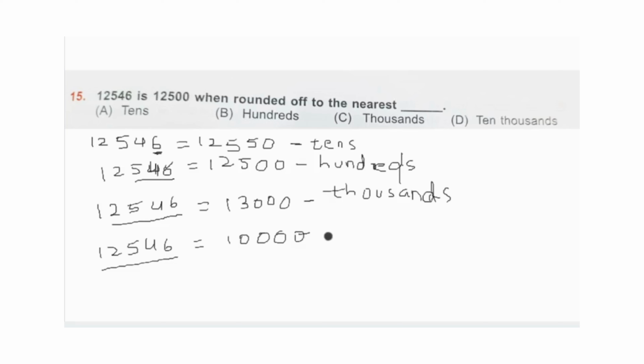This is our 10,000 rounding off. Now based on this, the closest number that comes to the round off of 12,500 is option B, which is 100. So this is your correct answer.